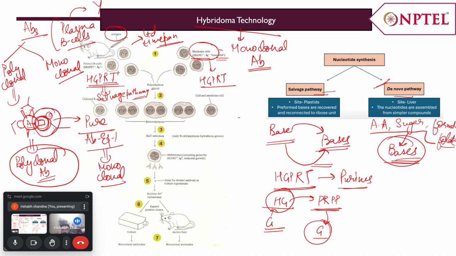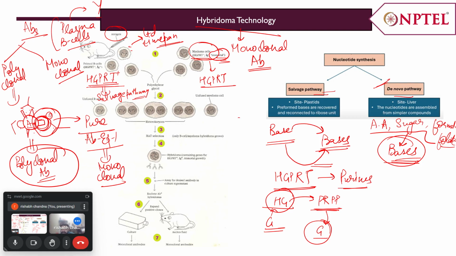We utilize the immortal part of the myeloma cell. The B cells are antibody producing but have a limited time span, while myeloma cells do not produce antibodies but are immortal, so we use them to increase the time span of our antibody production.